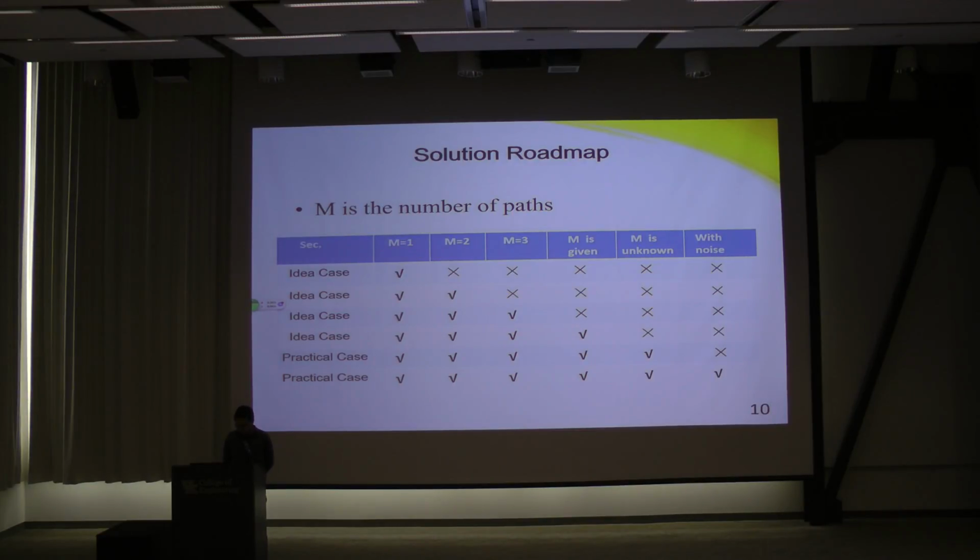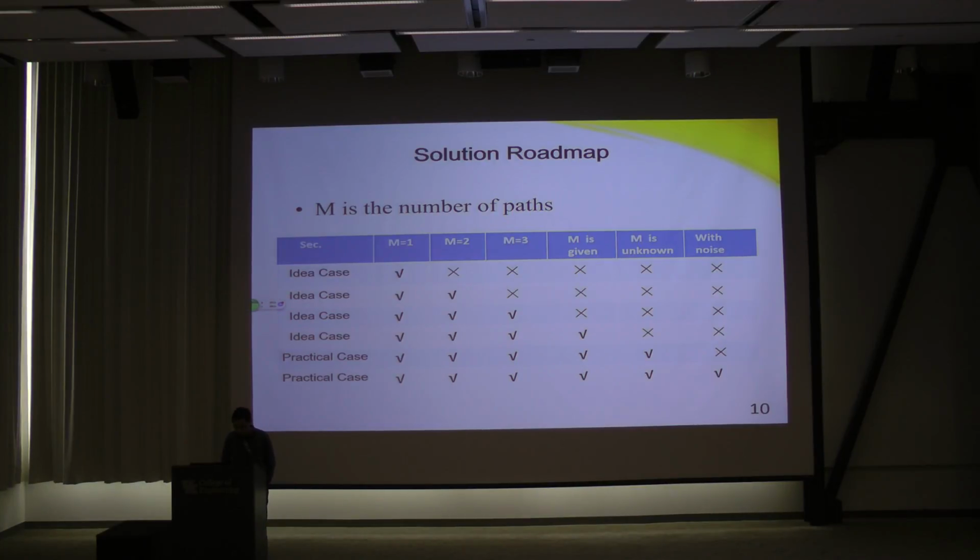Our solution is a little bit complex to understand, but it can compute very quickly. I will talk about our solution from m equal to 1, m equal to 2, m equal to 3.